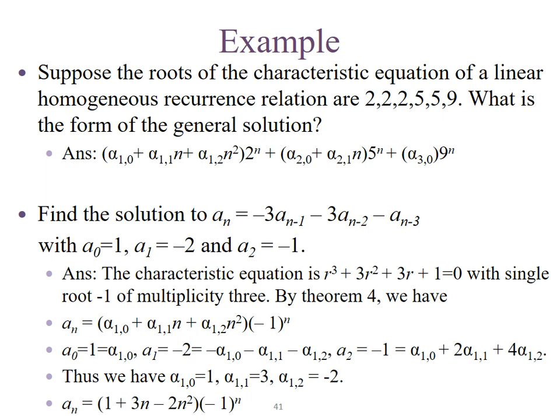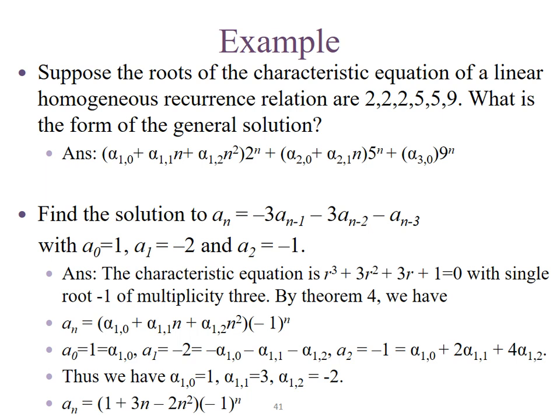Okay, so let's jump to the next example. If a_n equals minus 3 times a_(n-1), minus 3 times a_(n-2), minus a_(n-3). Okay, so we know it applies 3 previous terms.